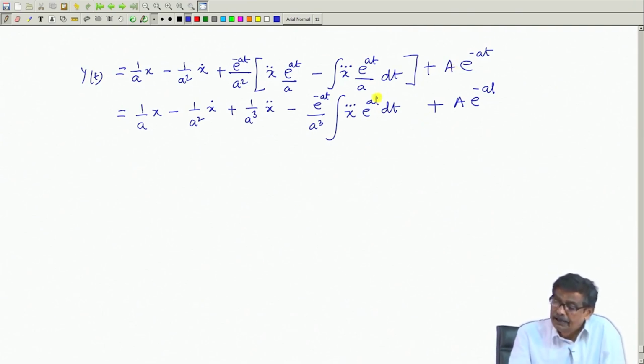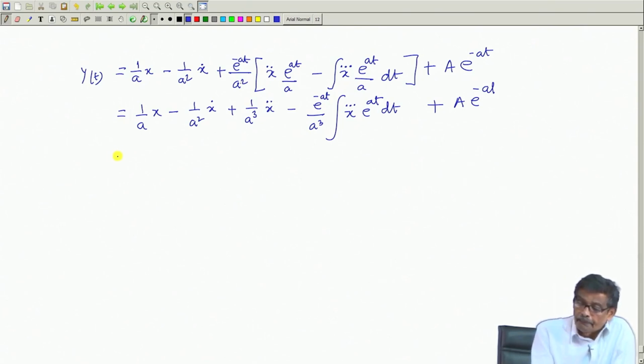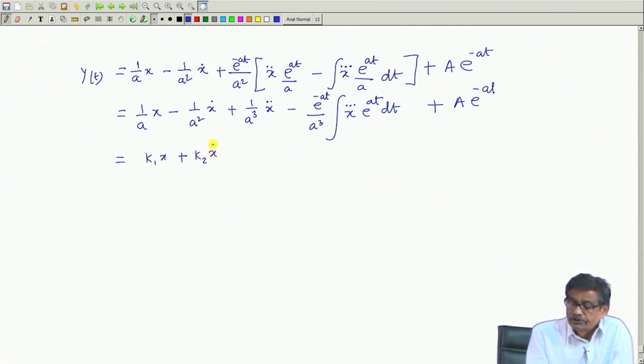The solution looks like this: some constant, this is important, times x, plus another constant times x dot, plus another constant times x double dot. Let me write it as k 0 x, k 1 x dot plus k 2 x double dot.